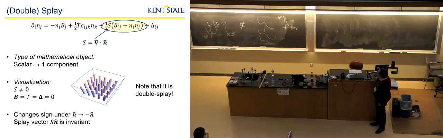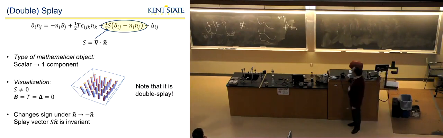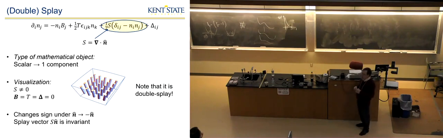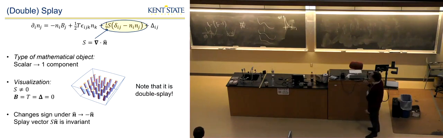What about splay? Well, I gave you a definition of splay that is a divergence of n, and you can see that it's odd in n, right? It has 1 power of n. And so if you change sign from n to negative n, then the splay changes from s to negative s. So if you wanted to construct a splay-like object which does not care about the sign of n versus negative n, no problem.